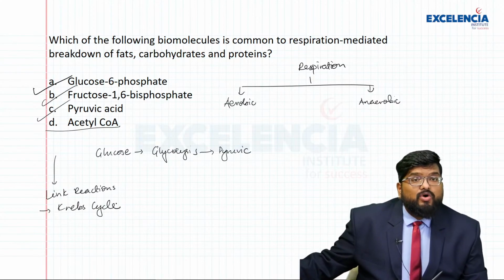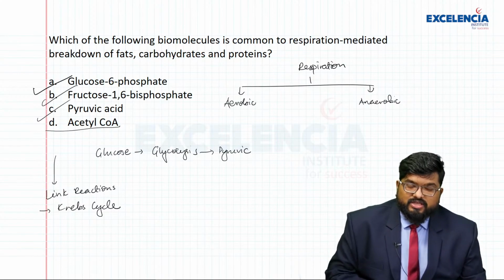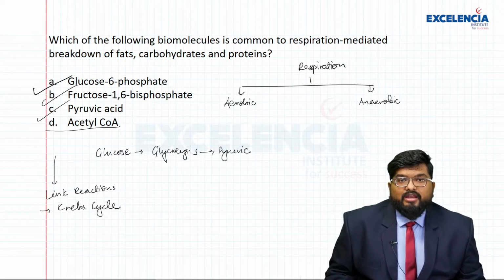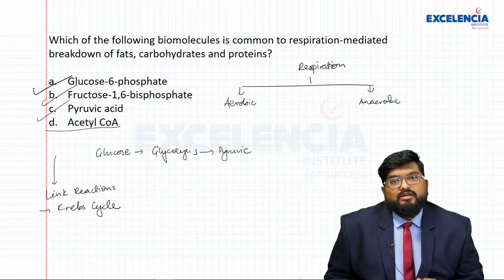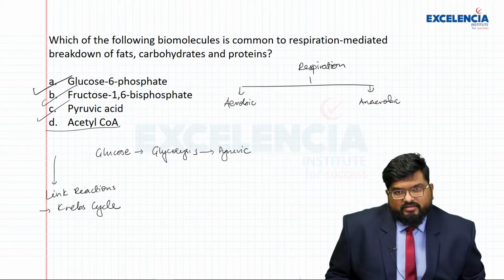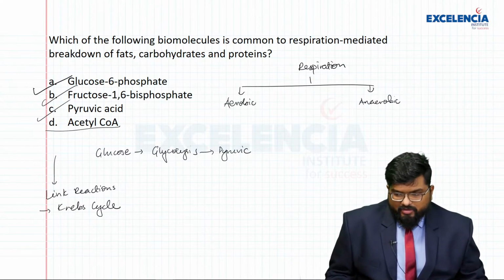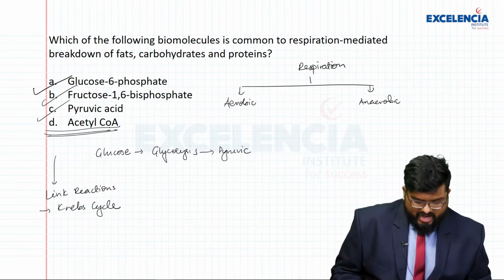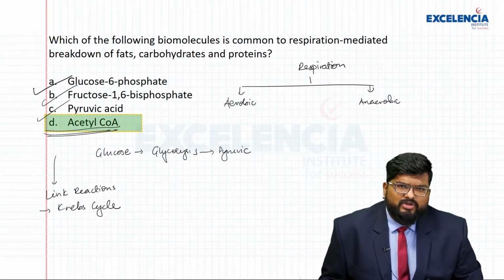It is also seen in oxidation of fats and proteins, where the compounds are broken down and converted to acetyl-CoA, and then the acetyl-CoA enters the mitochondria and the Krebs cycle. That's basically how acetyl-CoA plays an important part in breakdown of fats, carbohydrates and proteins. So the answer over here will be acetyl-CoA.